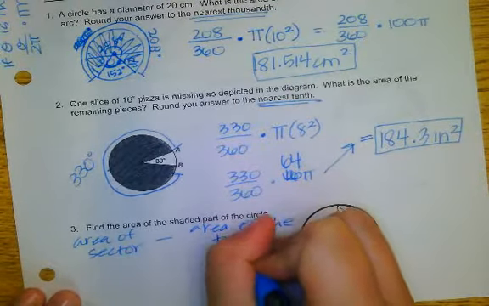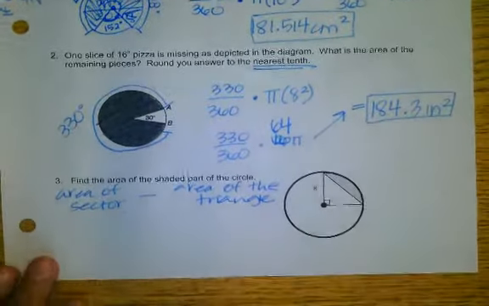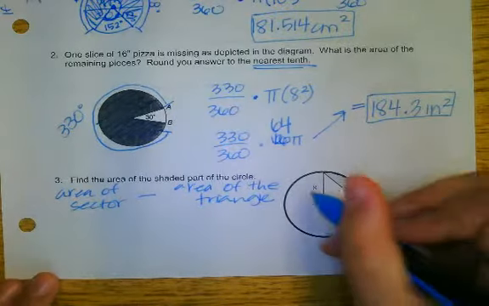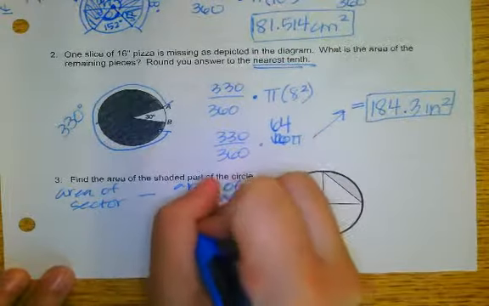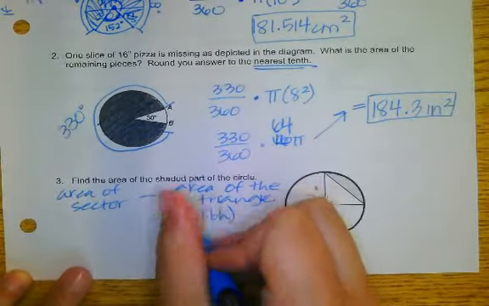The triangle is 1/2 base times height. What's your base and your height? 8 and 8, because that's just another radius. So 1/2 of 64, and you get 32 units squared.